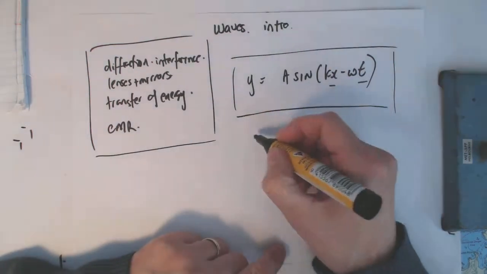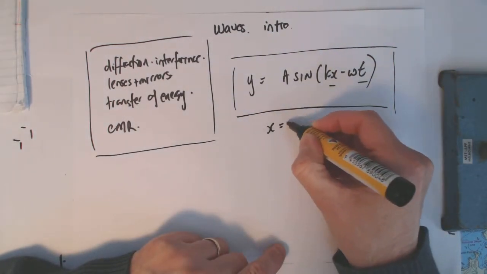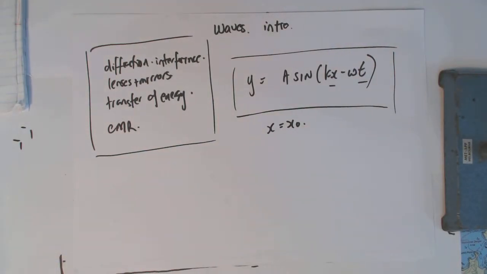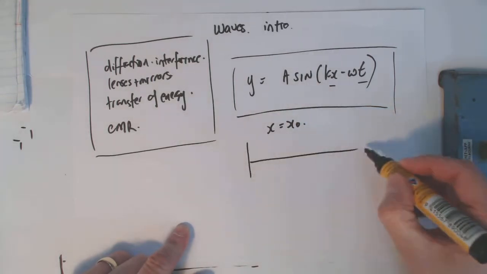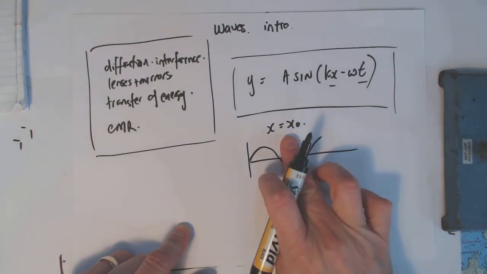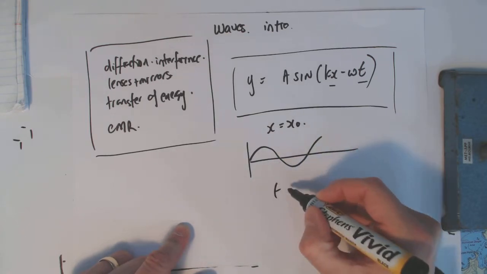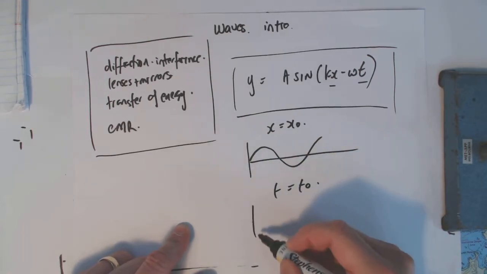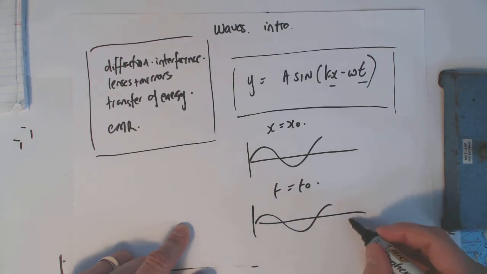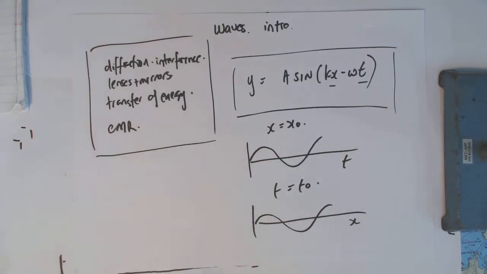So at a constant position, x equals x naught, then this expression would be fixed at a single place over a period of time. So if you had your wave looking like that, this is at a constant place. Whereas if you put t at a certain t, we get the same thing, but we'd have x as our independent variable, whereas we had t up there.